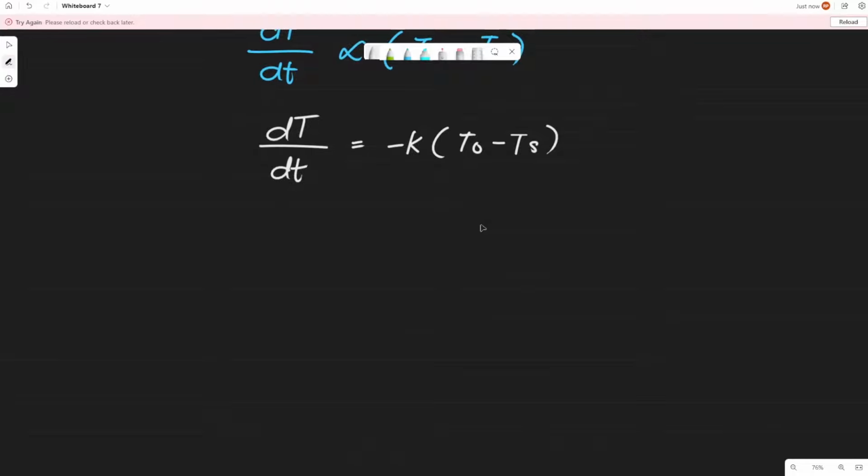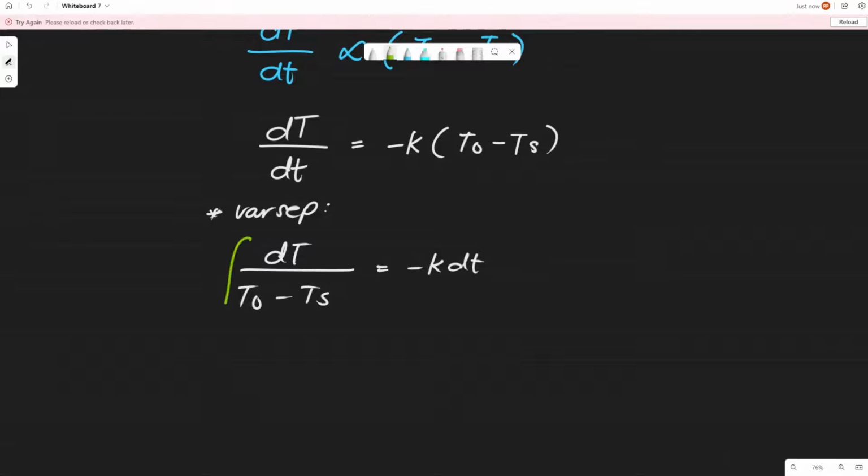So how are we going to solve this differential equation? Obviously this is variable separable. We have dT over (T sub O minus T sub S) equals negative k dt. That is our model differential equation.